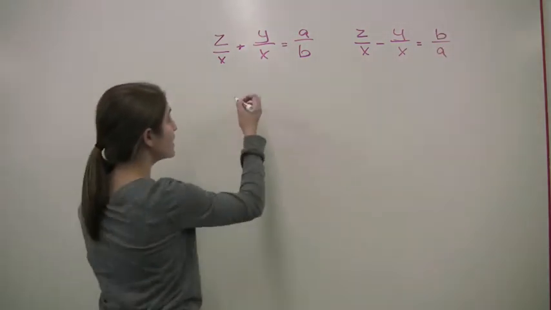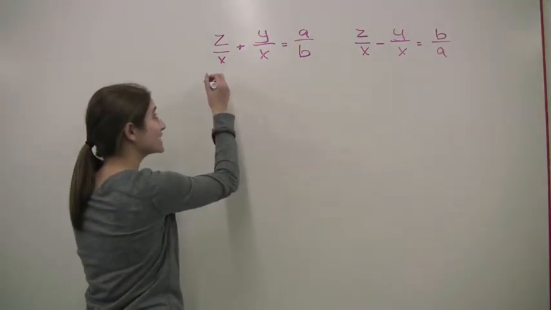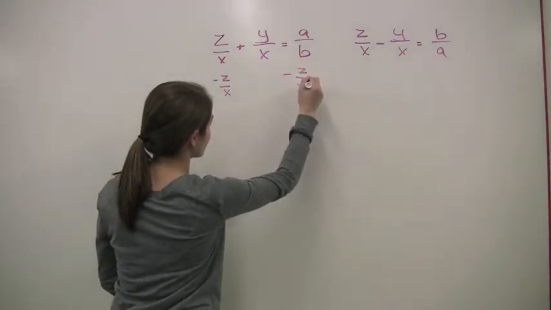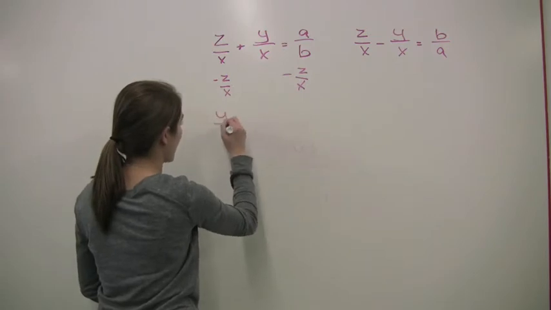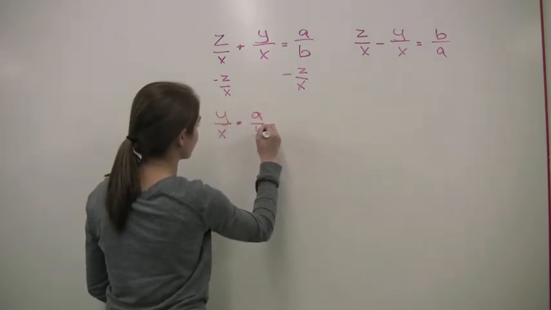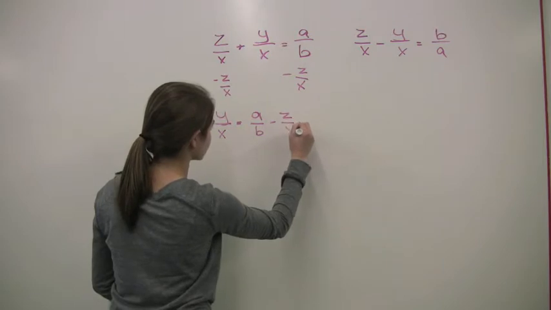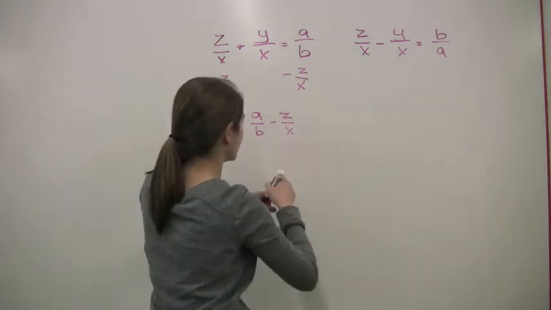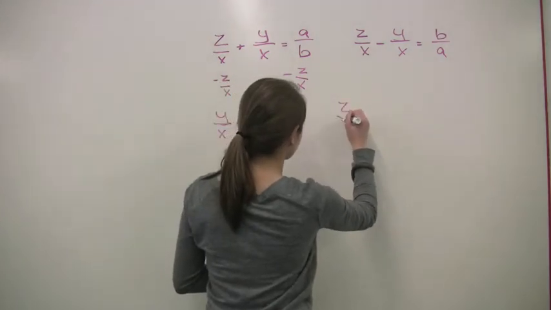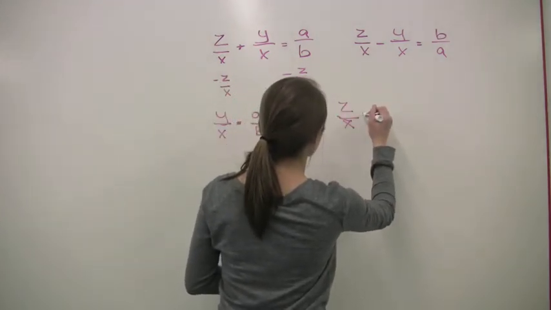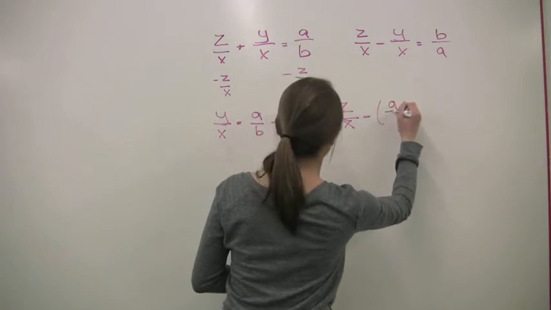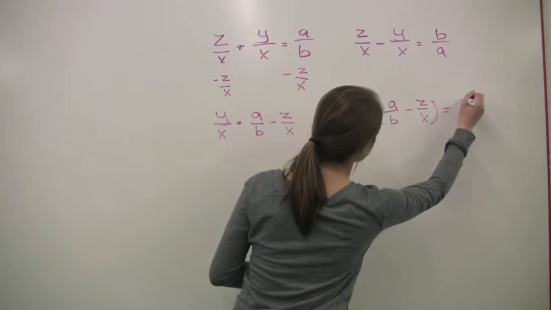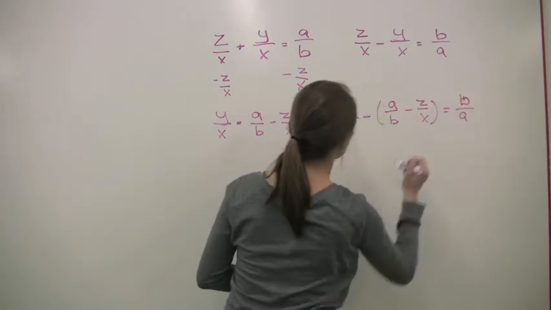The first step is to subtract z over x from both sides. This leaves us with y over x equal to a over b minus z over x. This can now be substituted into this equation.